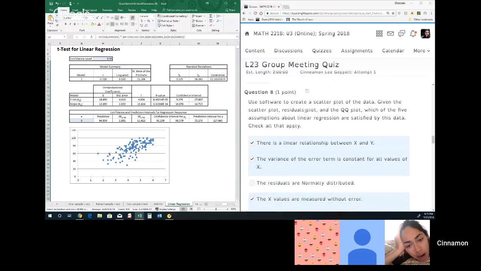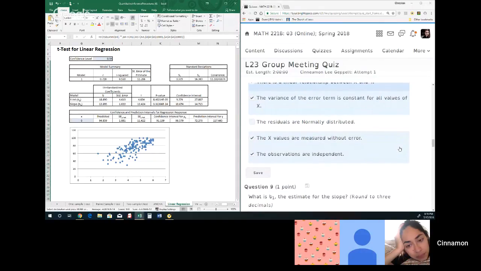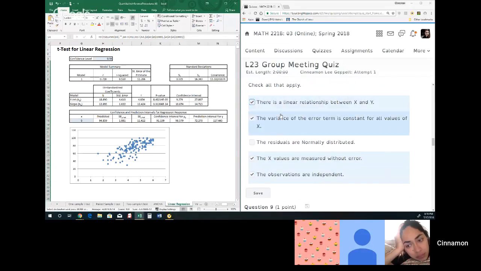I don't know. I think the residuals plot and the QQ plot. What assumptions about the linear regression are satisfied by this data? I think I don't know how to work the software, that's my problem. Do you agree or disagree with these 4 that we chose?